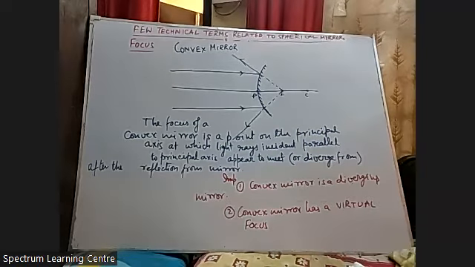See, the reflected ray cannot go behind the mirror, na? So take it for granted, a convex mirror will never be able to make a real image.